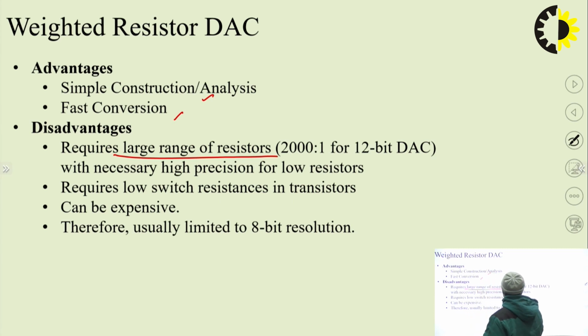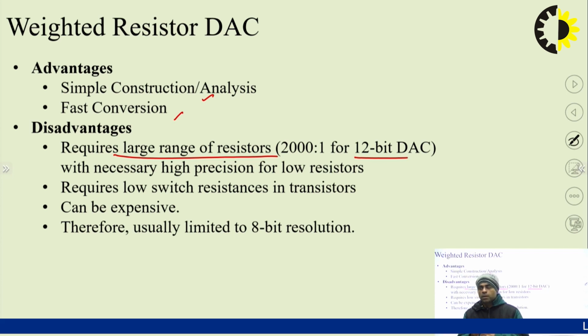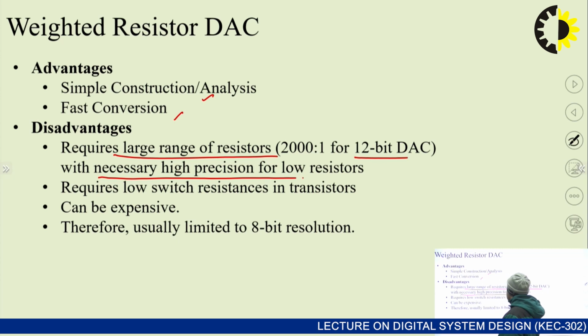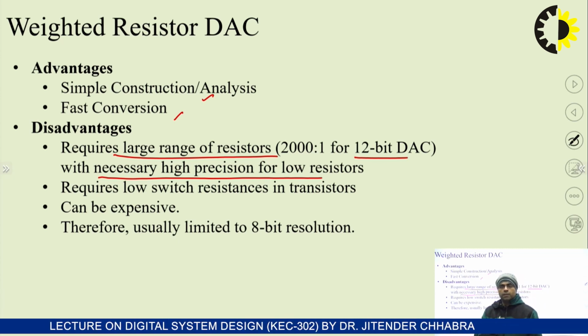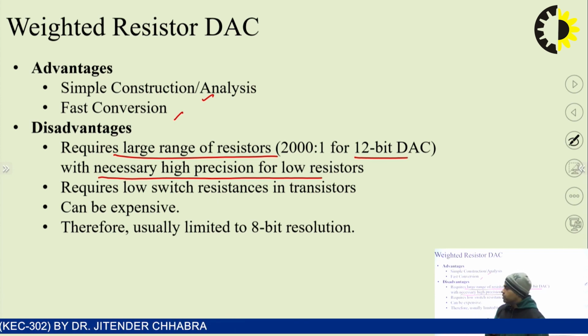That means if I am going to design a 12-bit DAC, then 2 raised to power 1, 2 raised to power 2, 2 raised to power 3 up to 2 raised to power 20. That means that many different resistance values are required, and these need to be highly precise for accurate D to A conversion, which is a tough task to achieve.